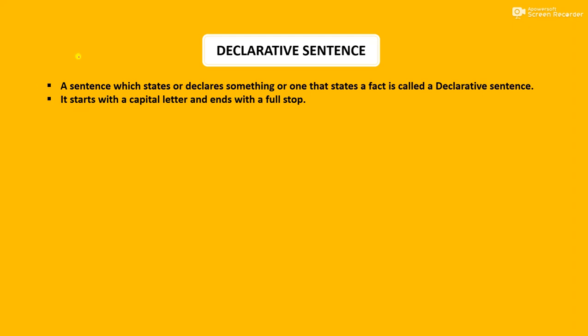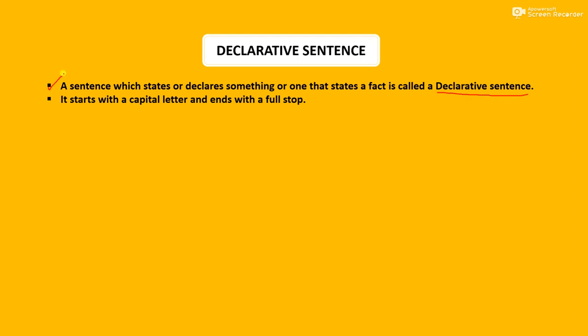A sentence which states or declares something, or one that states a fact, is called a declarative sentence. Any sentence which declares any incident, or any sentence which states a fact, a reality, is called a declarative sentence.